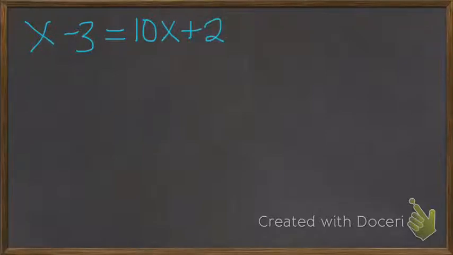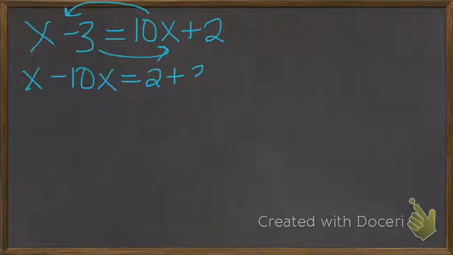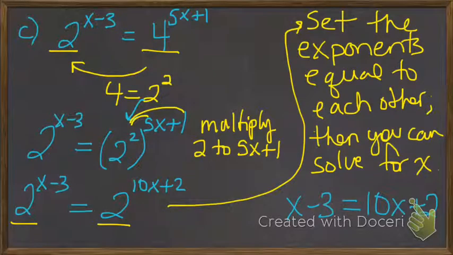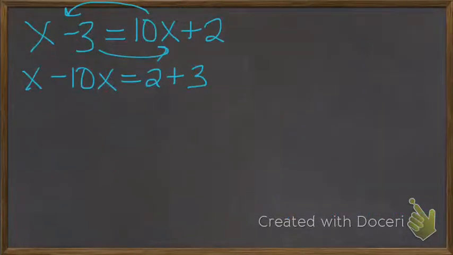We have x minus 3 equals 10x plus 2. I'm going to move the 10x over, move the negative 3. x minus 10x equals 2 plus 3. And we have 1 minus 10.